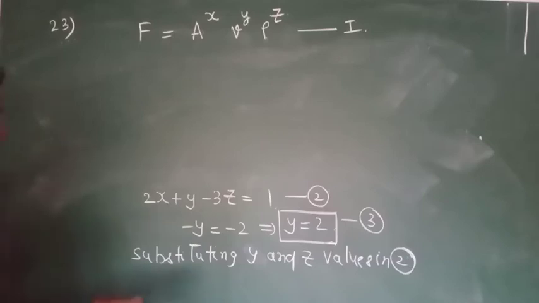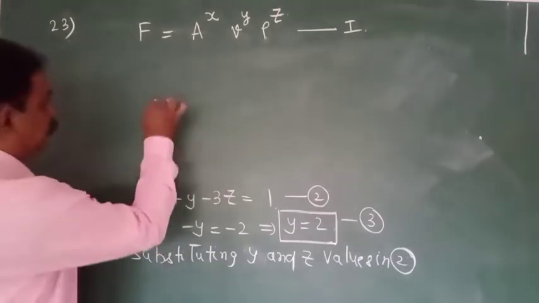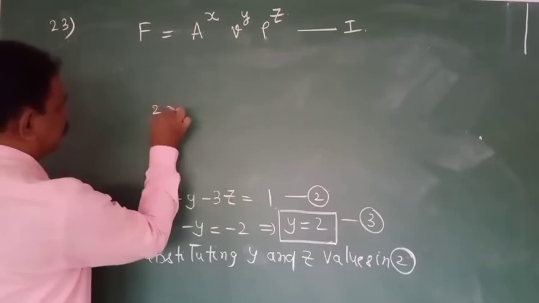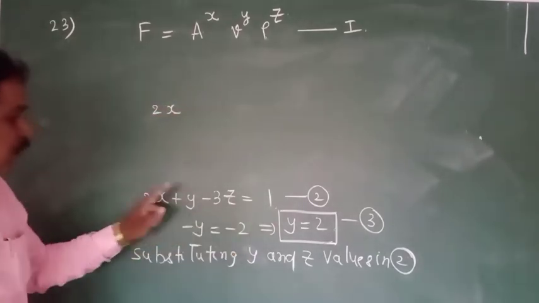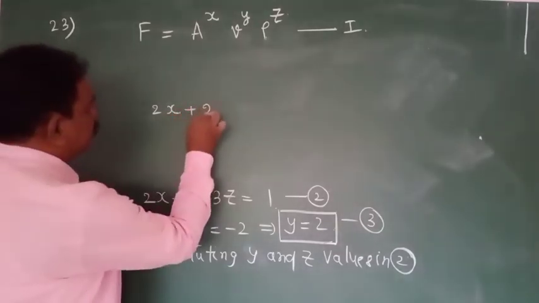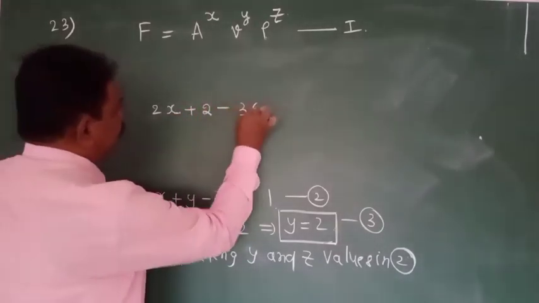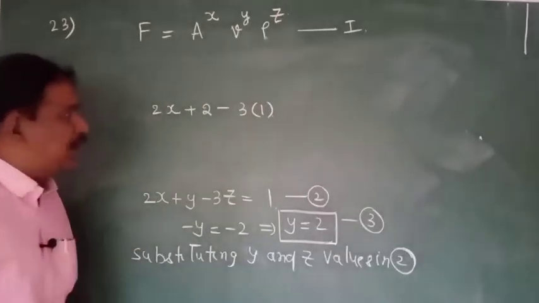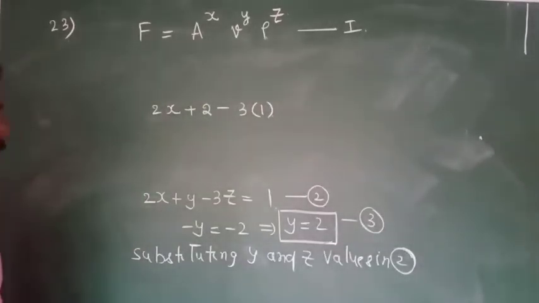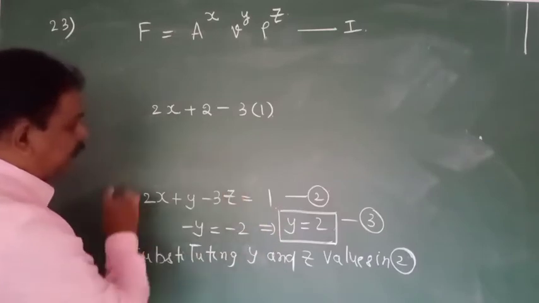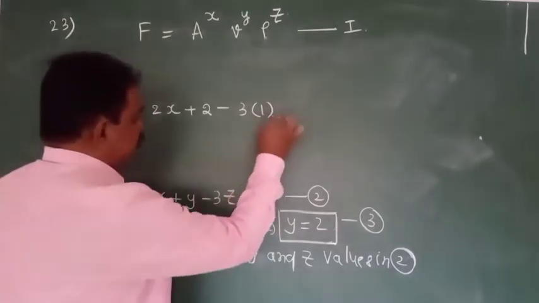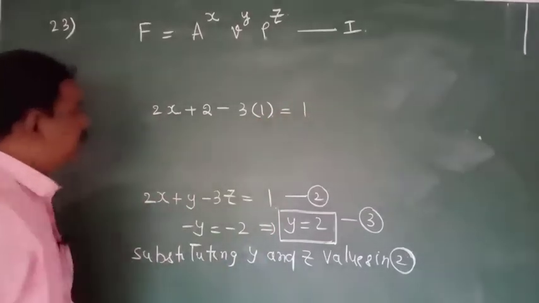Then what we will get, this equation. x we don't know, na? 2x. y value is 2. z value, how much we got? 1. 2x plus y value 2 minus 3 times z value 1 is equal to 1.